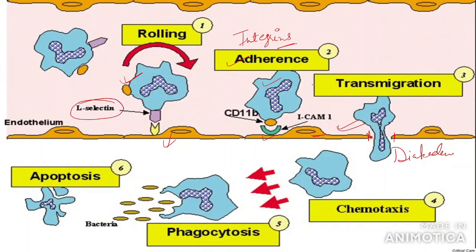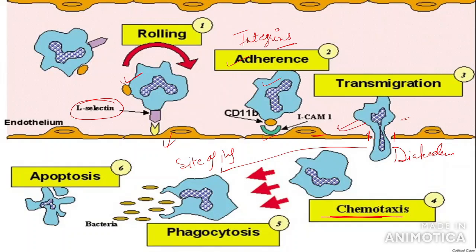Right. Now, I will just explain it briefly here. Later on, I'll tell you what exactly is chemotaxis and phagocytosis. After this leukocyte comes out from the blood vessel, it is going to go towards the site of inflammation. This process of migration of leukocytes from blood vessel to the site of inflammation is called chemotaxis.